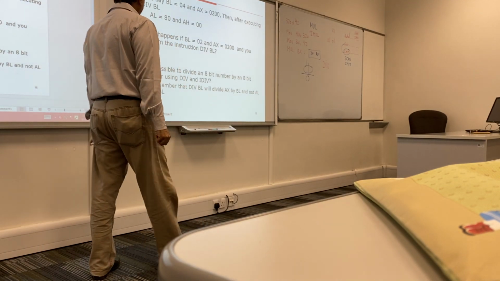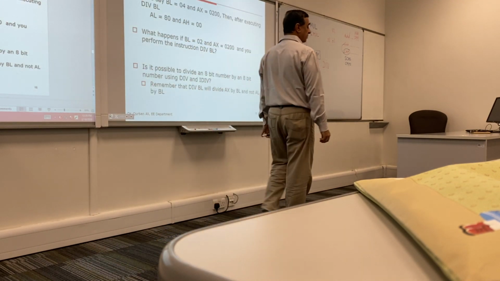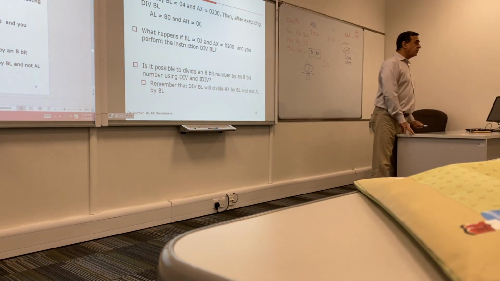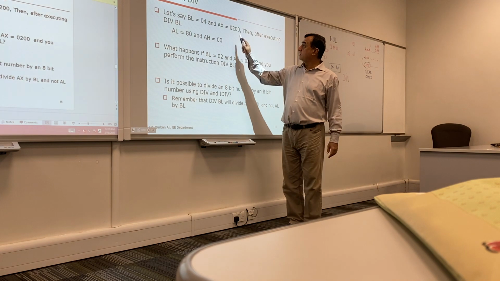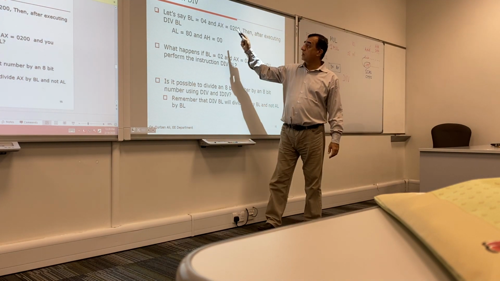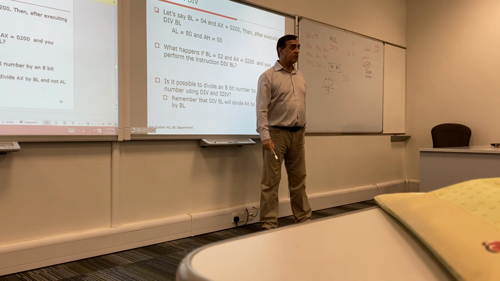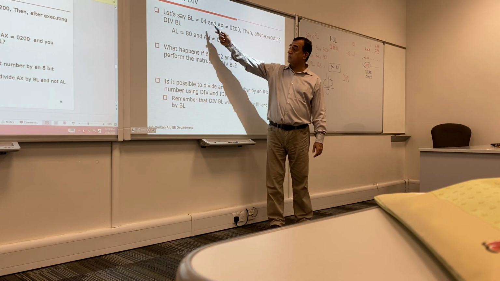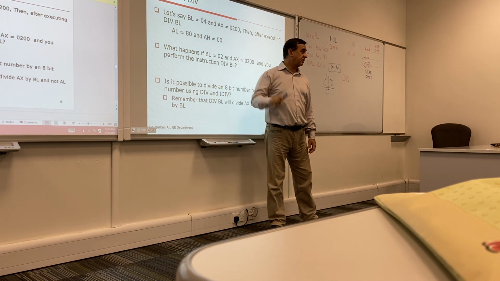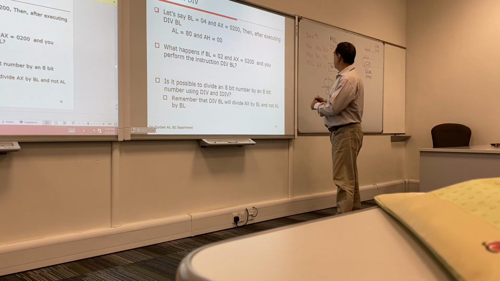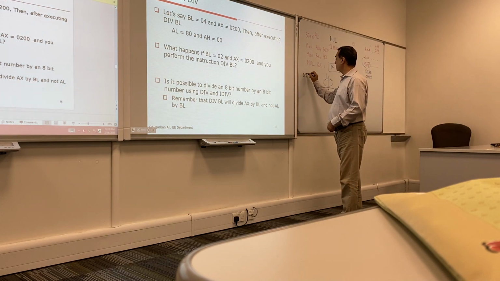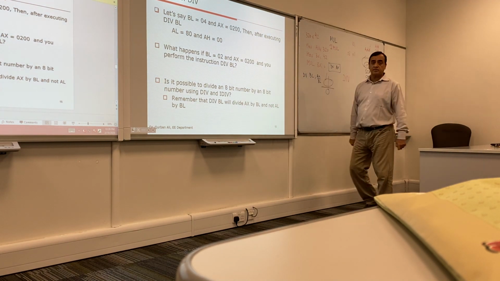Okay. Let's say we have this one. You can check in the calculator. AX is already given 0200 and BL is given, you see here, one is double size than the other. This is byte and this is word, right? Already given. So we will say here DIV BL, which means AX divided by BL.